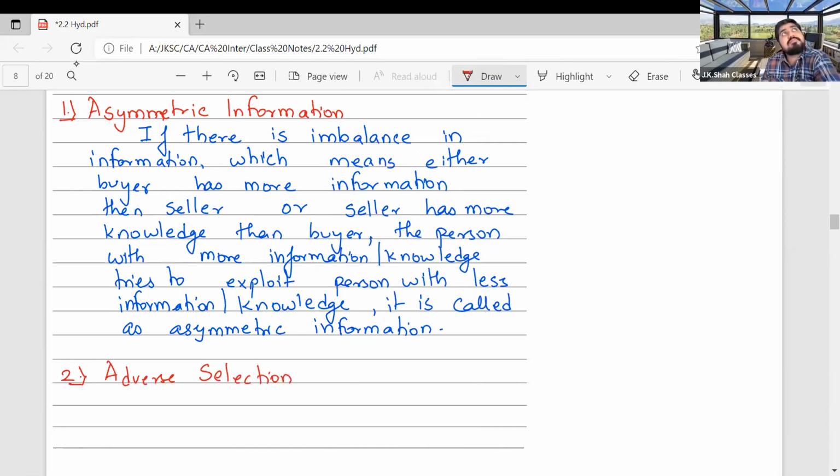Adverse selection. Please write down that.